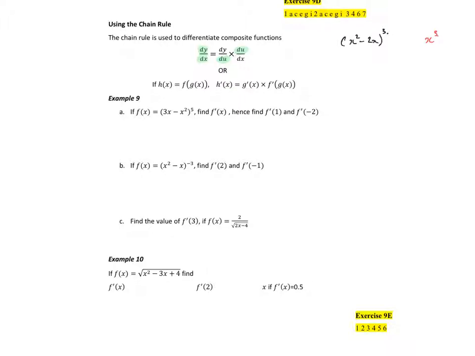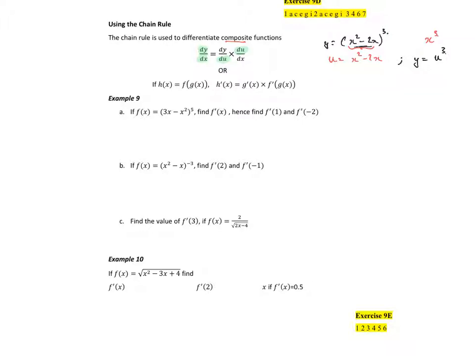So that's kind of what we're doing. The function inside, if we made that a simple function, say we put u equal to x squared minus 2x, then the original function y can be written by replacing this term with u, so y is equal to u cubed.